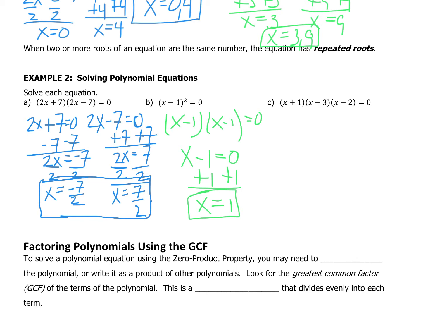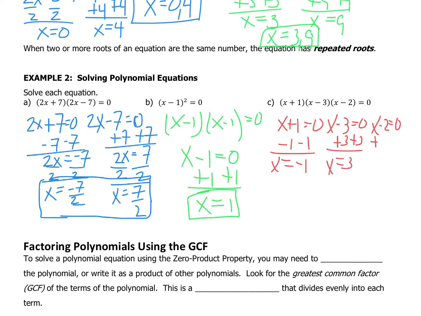And then on the last one, we would then subtract 1, to get our answers of negative 1, 2, or 3.